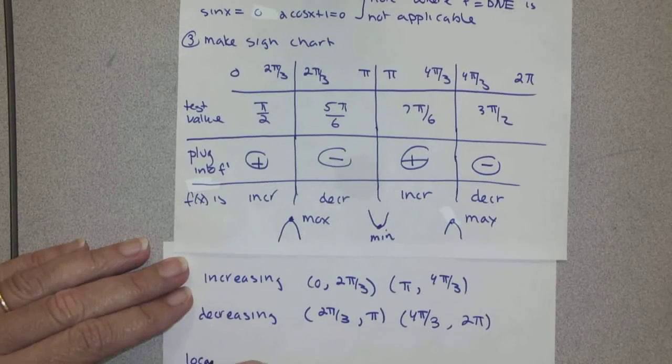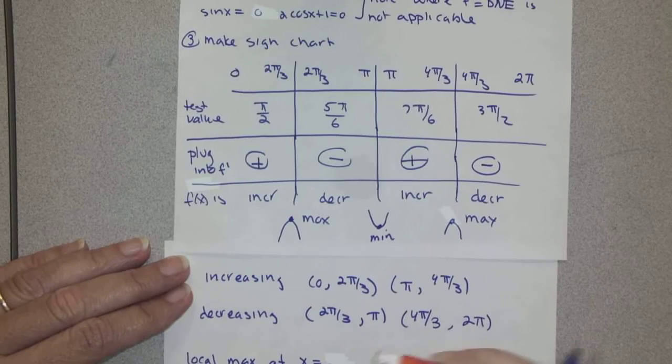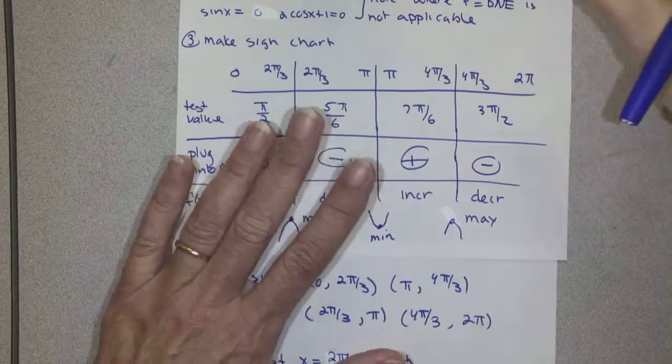We have a local maximum at x equal 2 pi over 3, with y equal f of 2 pi over 3.